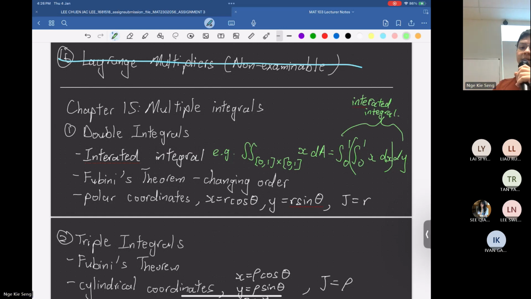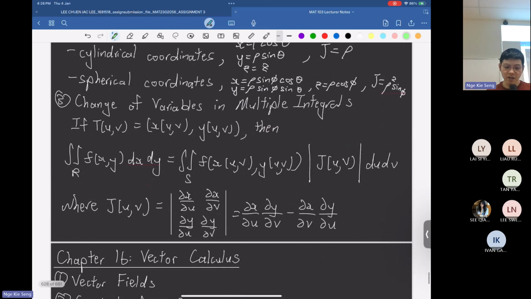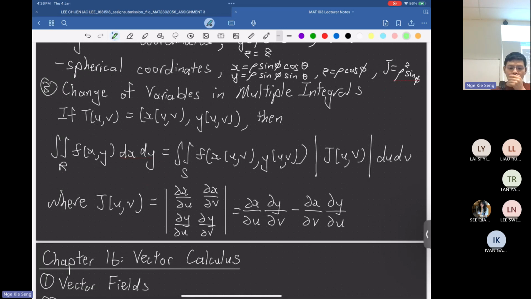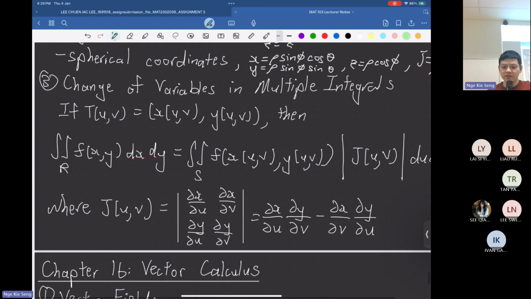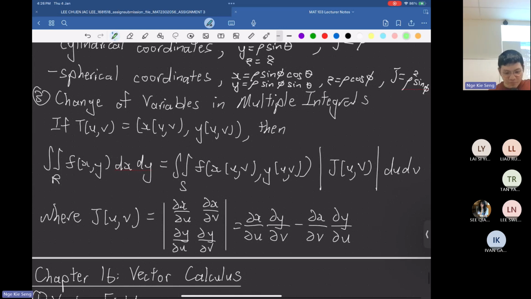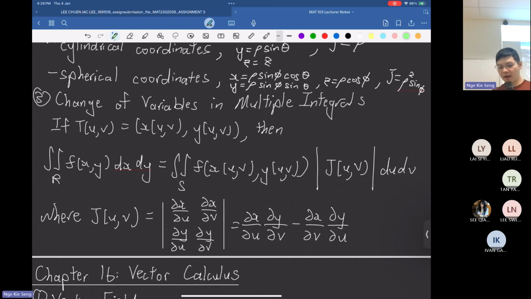Okay, and then there's something else that we need to learn. In general, what is the Jacobian? If you have any transformation T(u,v), you can transform your integral just by multiplying by the extra Jacobian factor.